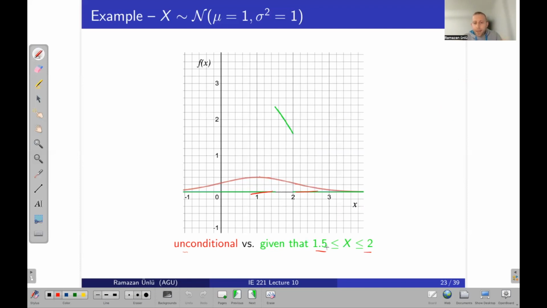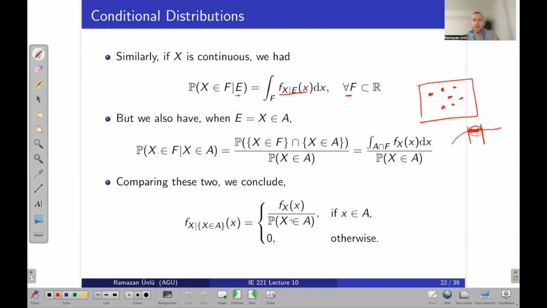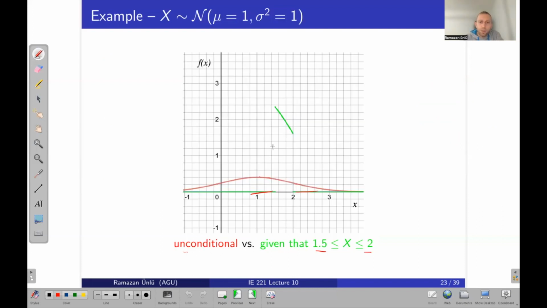If x takes values within that region, I have to scale up the corresponding probabilities by simply dividing the PDF of x by the probability of the conditioned event. So that is simply scaling up the unconditional probability, and that makes sense, right?